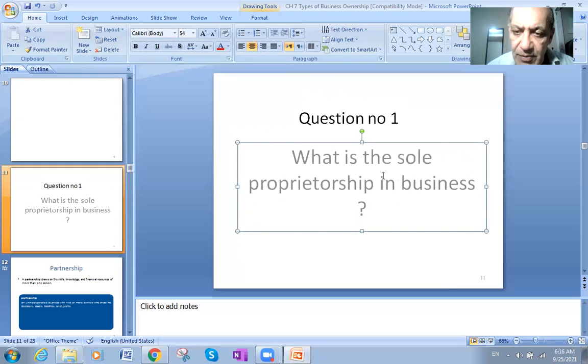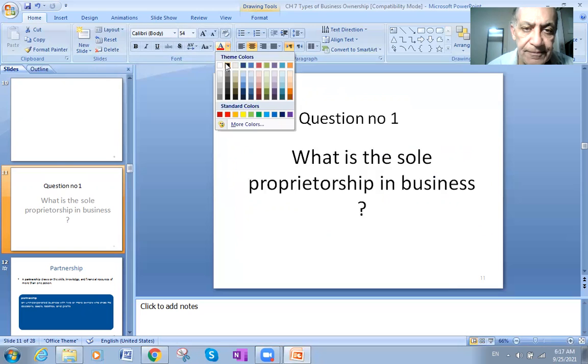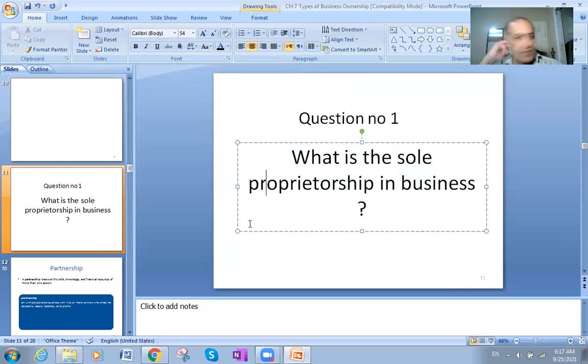What is the sole proprietorship in business? This is our first question today.